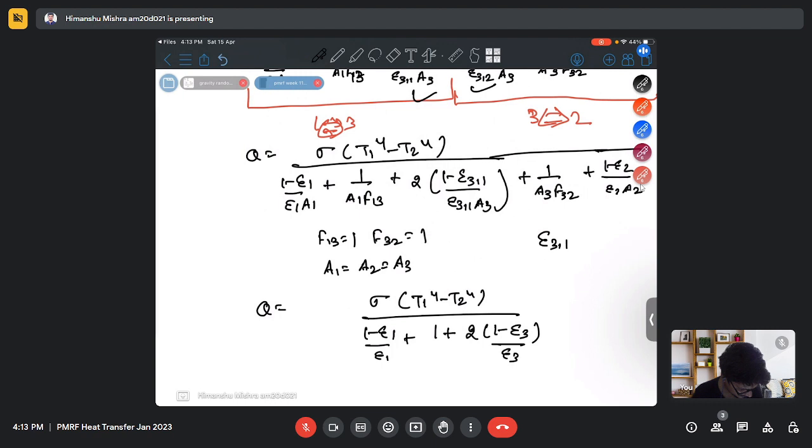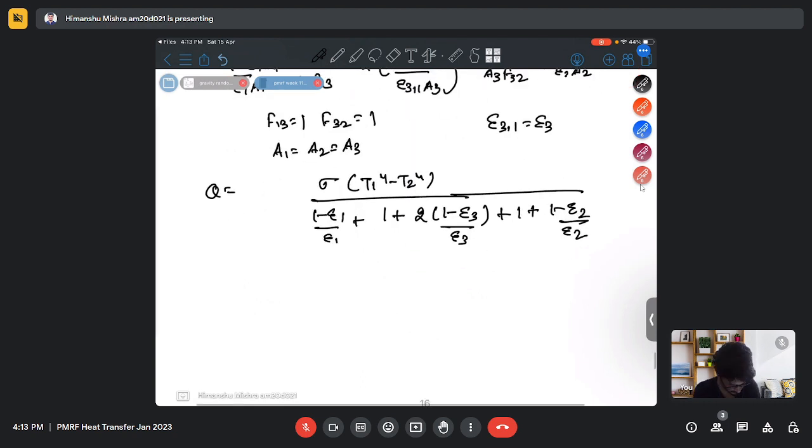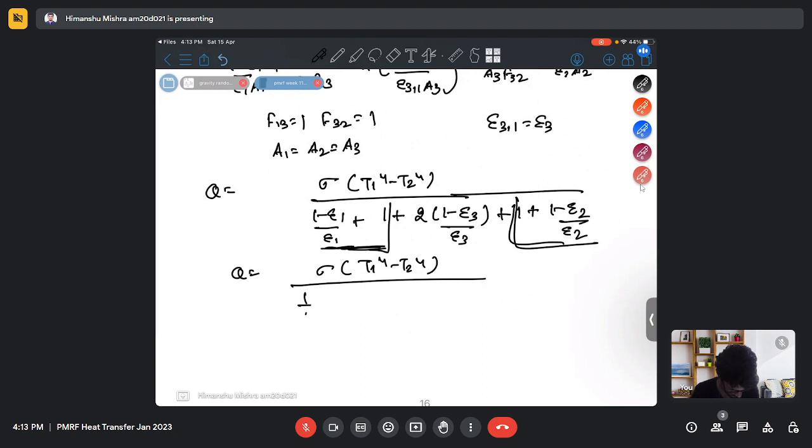So I'm writing epsilon 3.1 equal to epsilon 3.2, so I can further simplify it. This first part and this last part will become 1 by epsilon 1 plus 1 by epsilon 2.